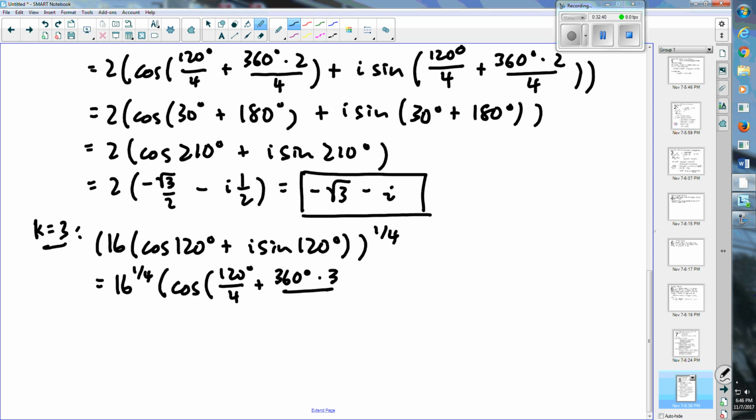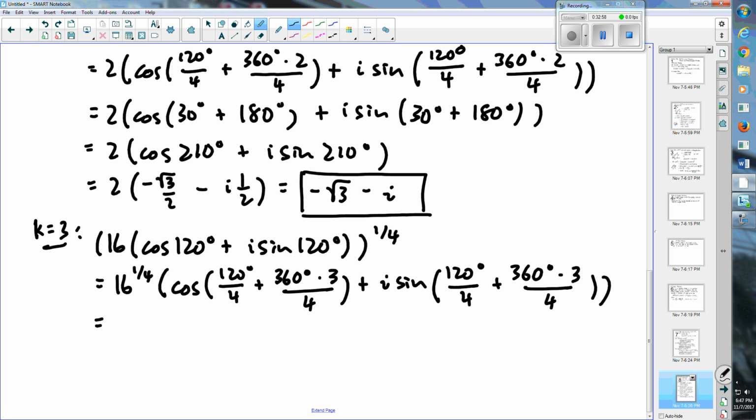K is 3, and that's over 4, plus i times the sine of 120 degrees over 4 plus 360 degrees times 3 over 4.